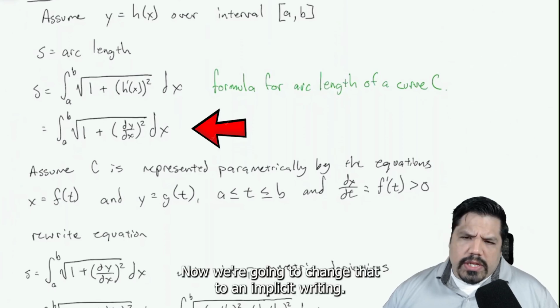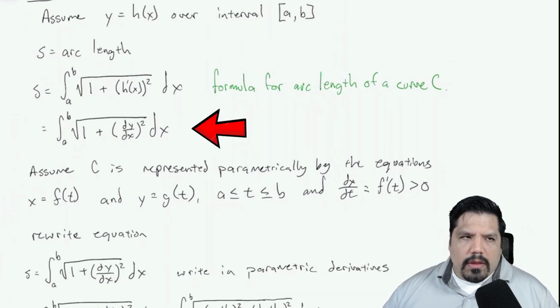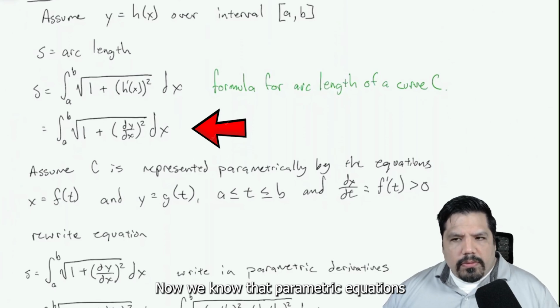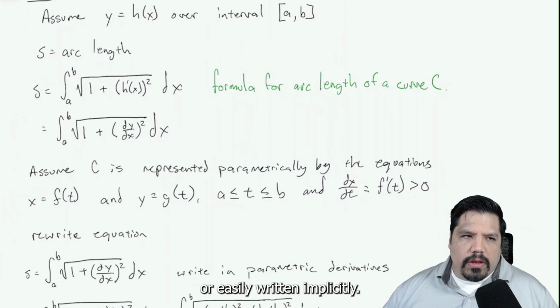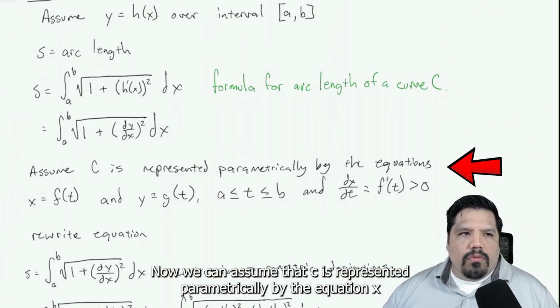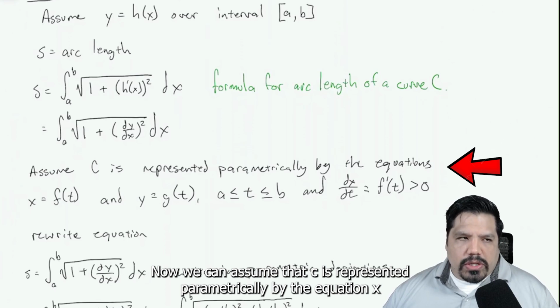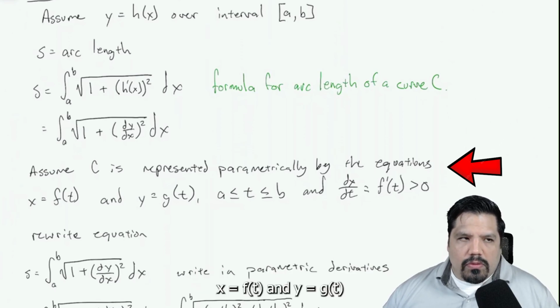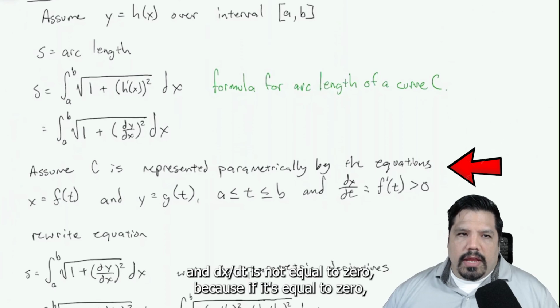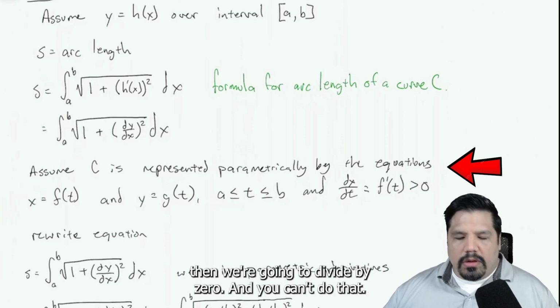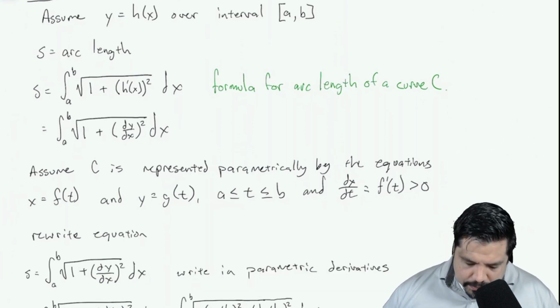Now we're going to change that to an implicit writing. We know that parametric equations are easily written implicitly. We can assume that C is represented parametrically by x equals f of t and y equals g of t from a to b, and dx/dt is not equal to 0, because if it's equal to 0, then we're going to divide by 0, and you can't do that.